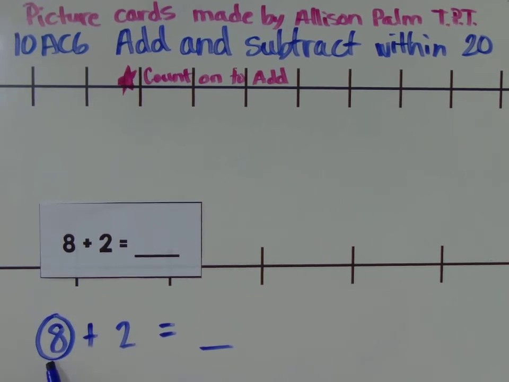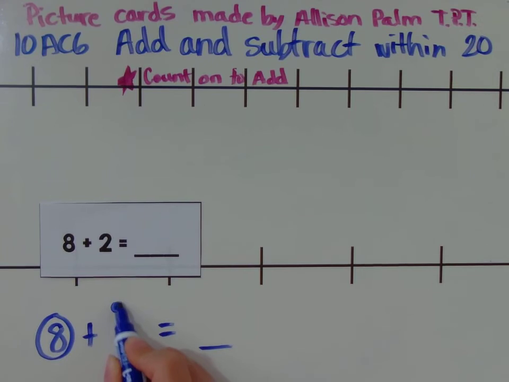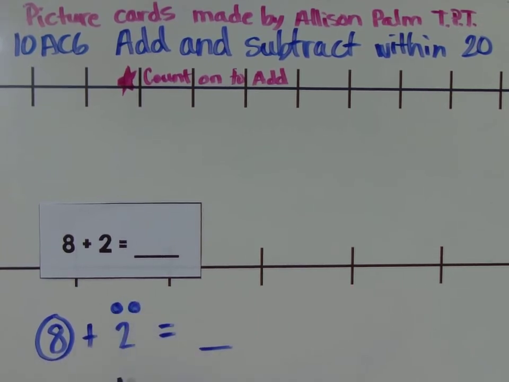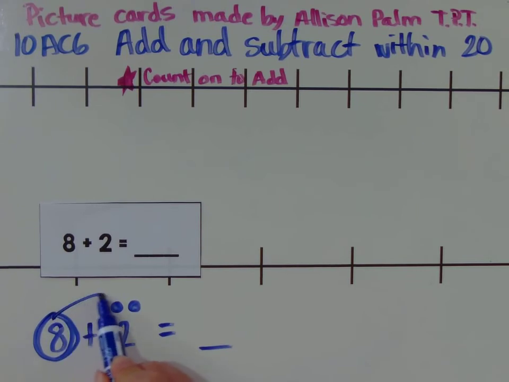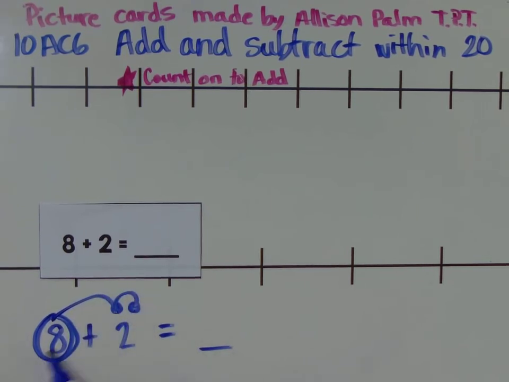That's my part. And I'm going to draw dots to represent the second part so I can count on. 8, count on, ready? 8, 9, 10. 8 plus 2 equals 10.